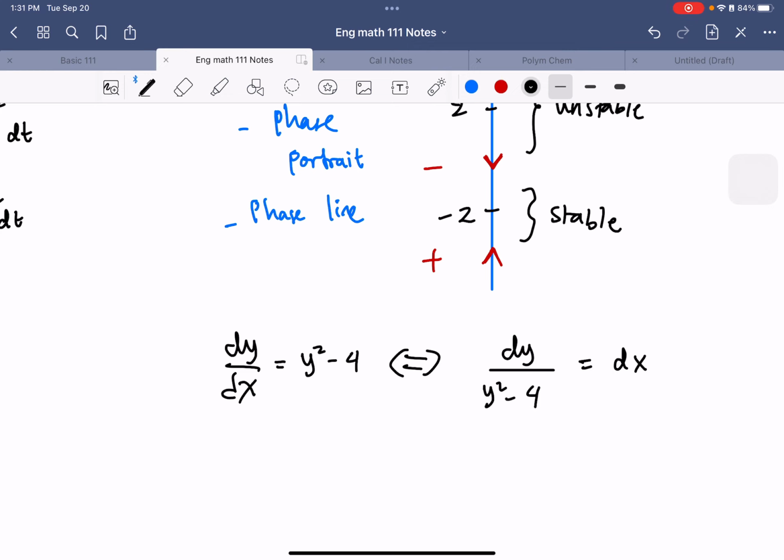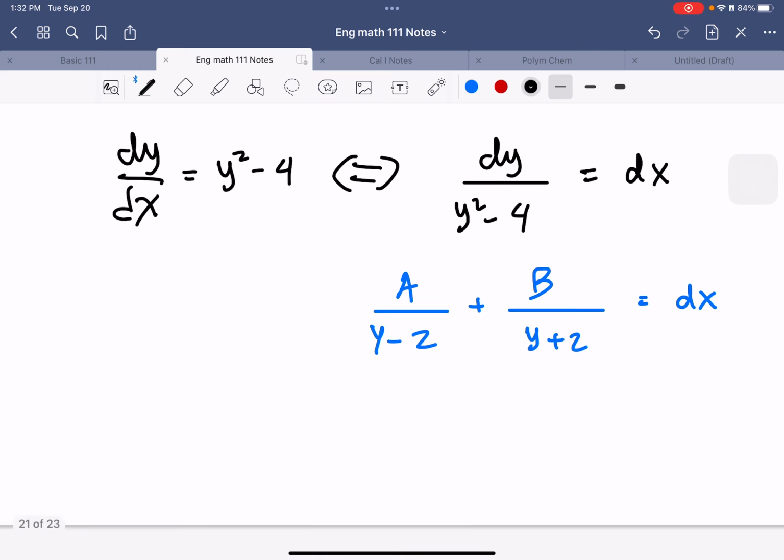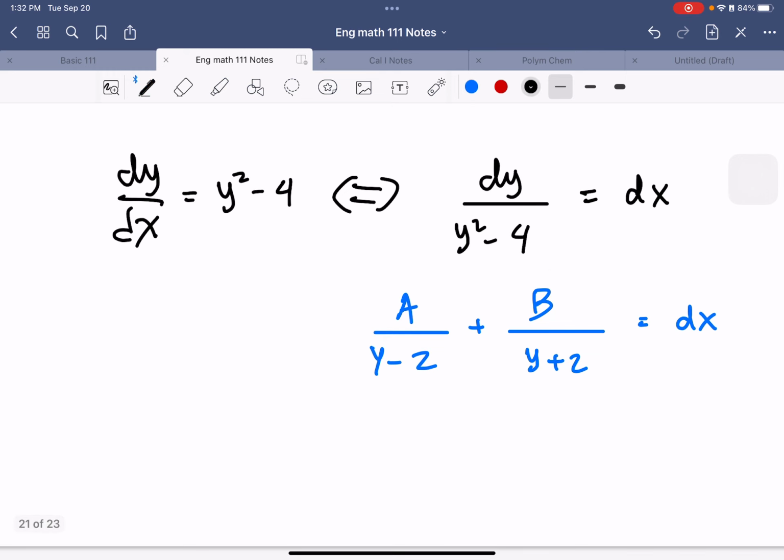So we can take this into, let's say, plus, and let's say this is A, B, and do the partial fractions, okay? But I will skip the process. I hope you still remember. I will give the A and B. So A is 1 over 4, and B is negative 1 over 4.